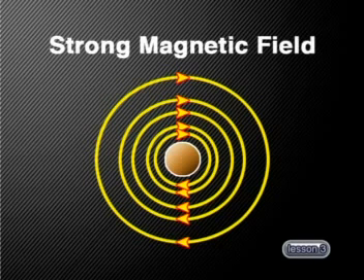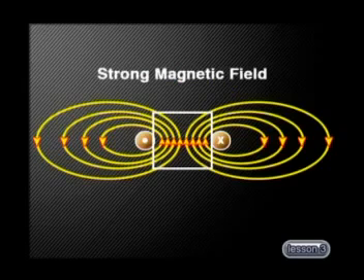Do you remember from the last lesson that a region where field lines are close together indicates the presence of a strong magnetic field? So here, inside the loop, the magnetic field is strong. You should also see that the direction of all the magnetic field lines inside the loop is the same, pointing out of the loop.